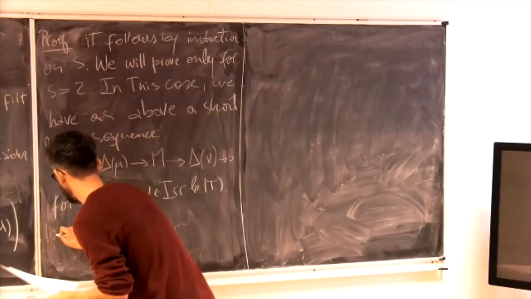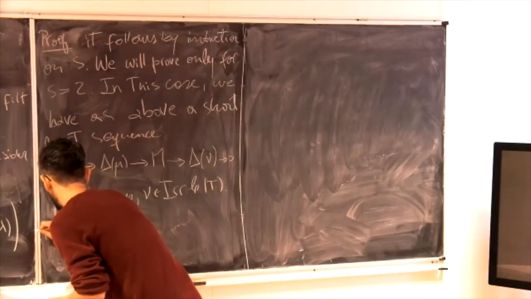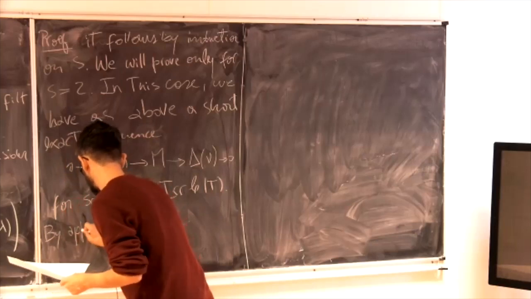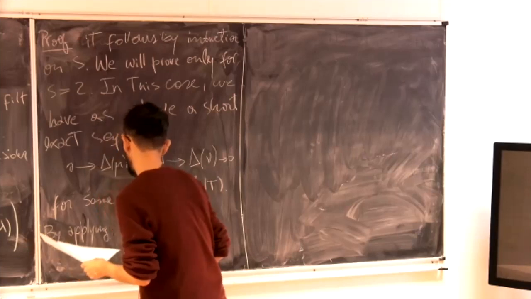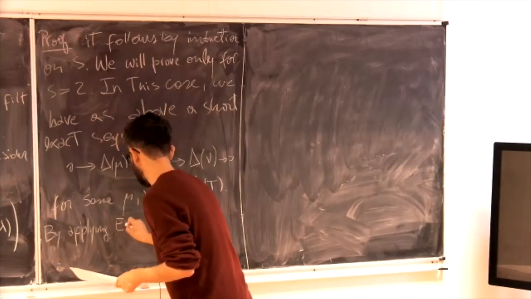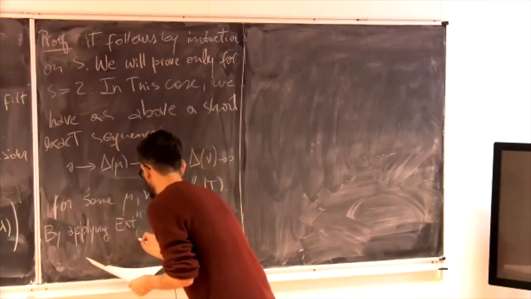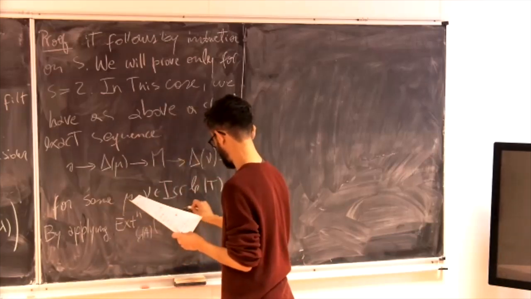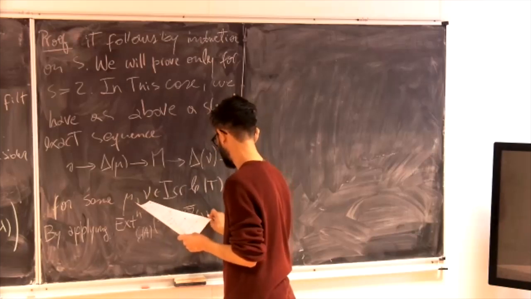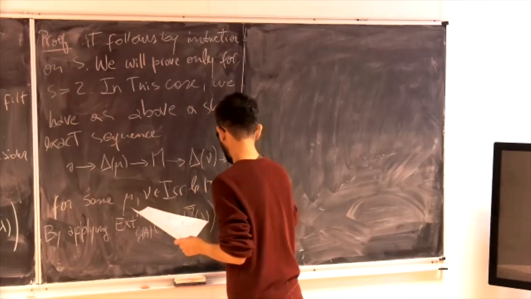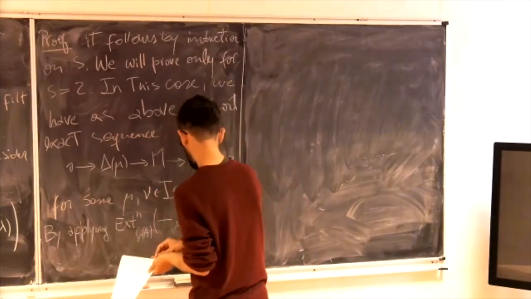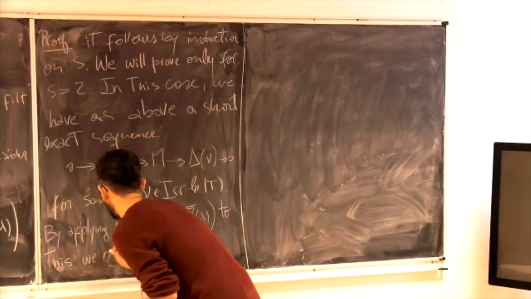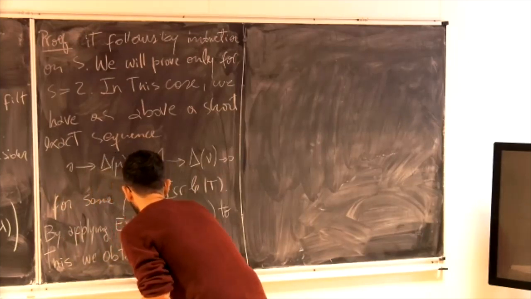By applying the functor Ext n, with lambda, to this short exact sequence, we obtain a long exact sequence.